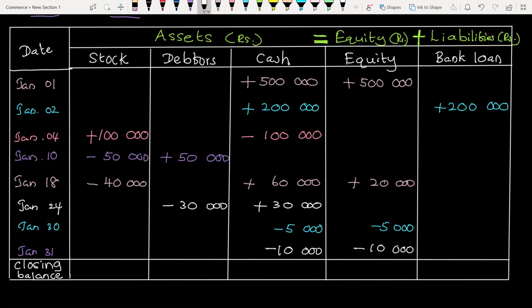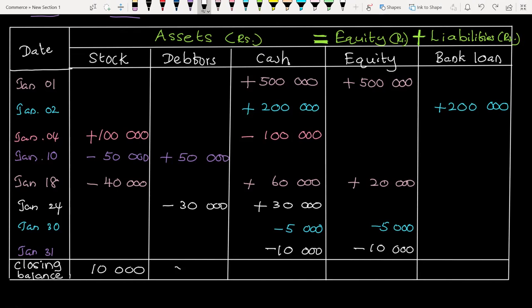So what is the net value now? It's 50,000, isn't it? Then because of the third transaction, again, stock decreases by 40,000. So plus 50,000 and minus 40,000 is 10,000. So our closing balance of the stock column is 10,000. Then the debtors column, plus 50 minus 30, it's plus 20.